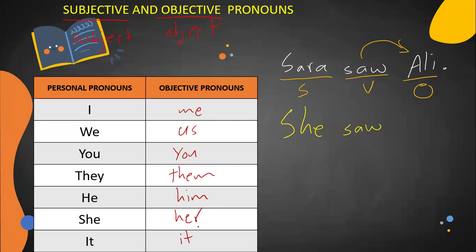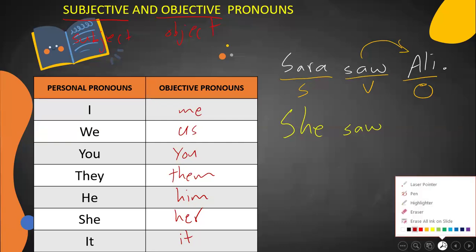Okay, again, now, what are the subjective pronouns and what are the objective pronouns in English? The subjective pronouns, the ones that take the place of the subject, are I, we, you, they, he, she, and it. The objective pronouns are me, us, you, them, him, her, and it.